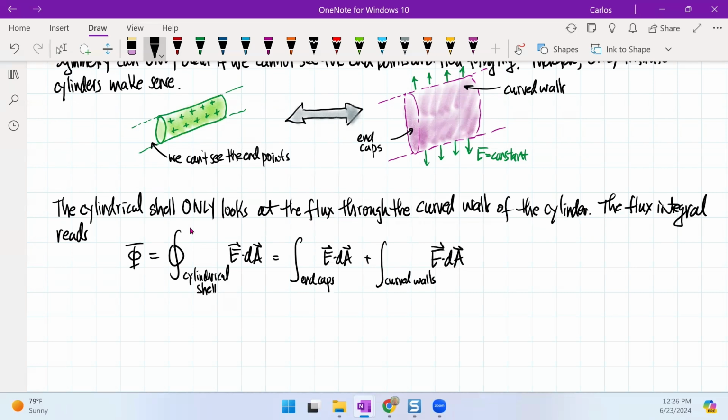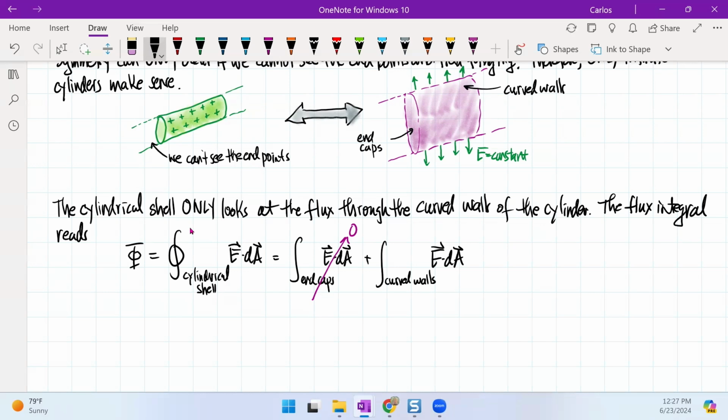And what we will show here is that this first term will go to zero. So the only thing we care about when we apply Gauss's law is that because it's a Gaussian surface, I will be able to remove it.